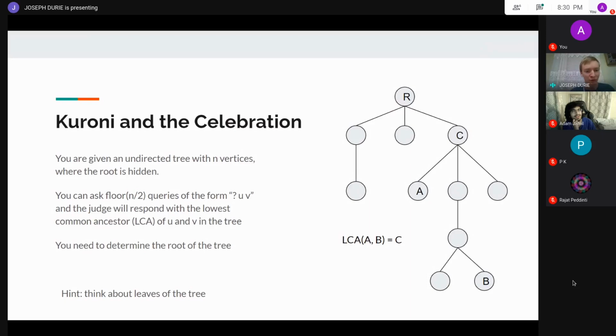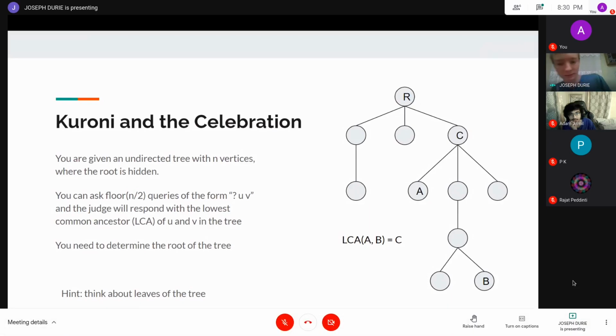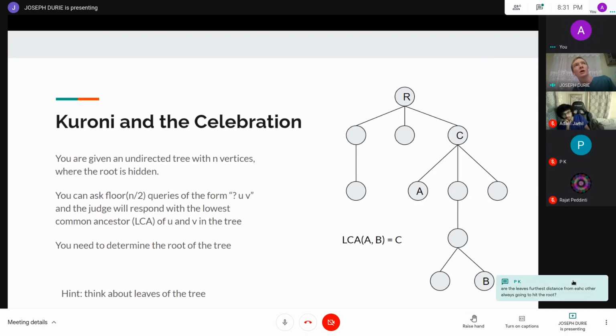But you can have more than floor n over 2 leaves, so that's also too many queries. You also don't need to order it for that. You can just keep a running LCA and run through. Oh, yeah, that's true.